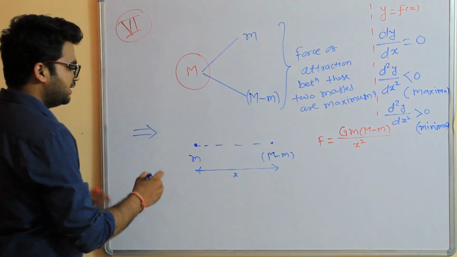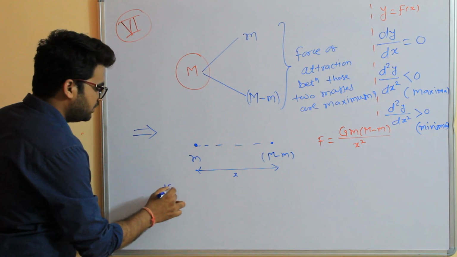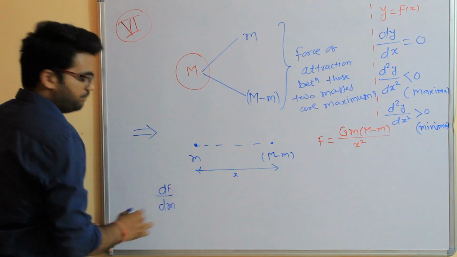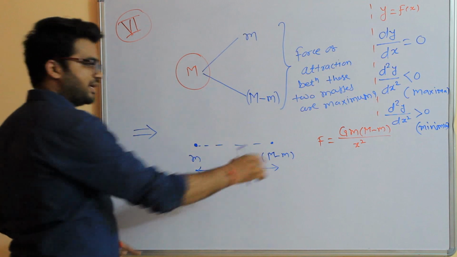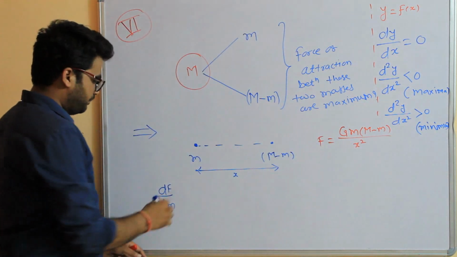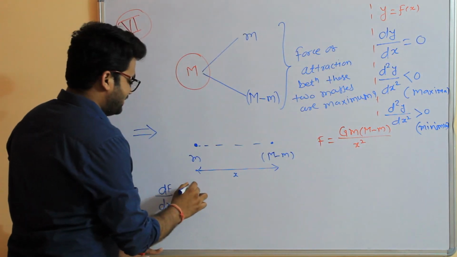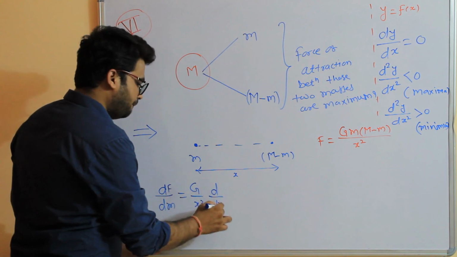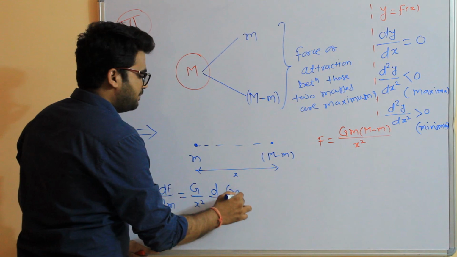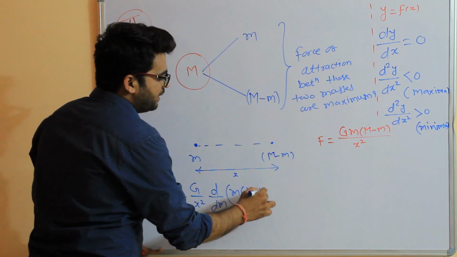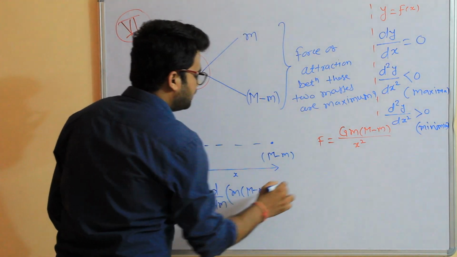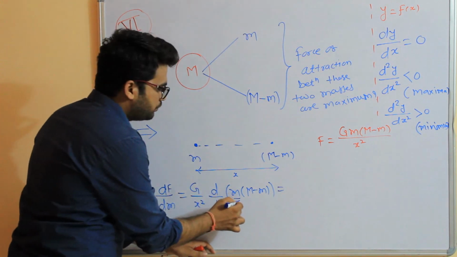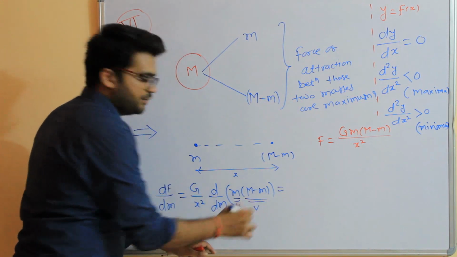So let's differentiate, see. df by dm. Now here m, why? Because m is variable. It is equal to G by x squared, which is constant, into d by dm of the bracket small m into capital M minus small m, right, which is equal to, now this is u and this is v.